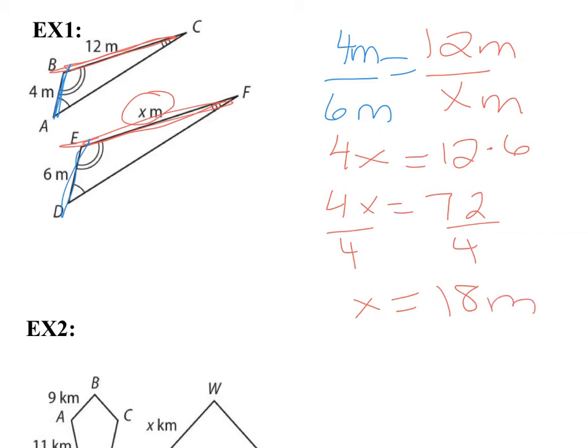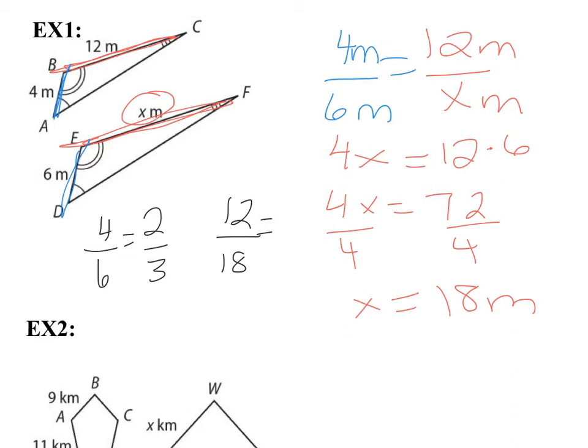And once I've gotten the 18 meters, I can go ahead and set up the proportion to make sure that they have a similar proportionality by reducing their fractions. So 4 over 6 simplifies to 2 over 3. But now I have to make sure that 12 over 18 also simplifies to 2 over 3 to make sure that they are proportional to one another, making them similar figures.